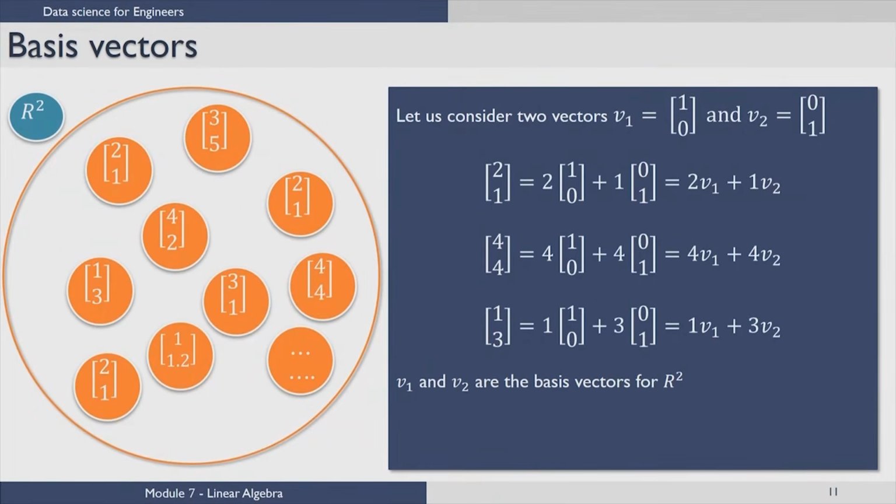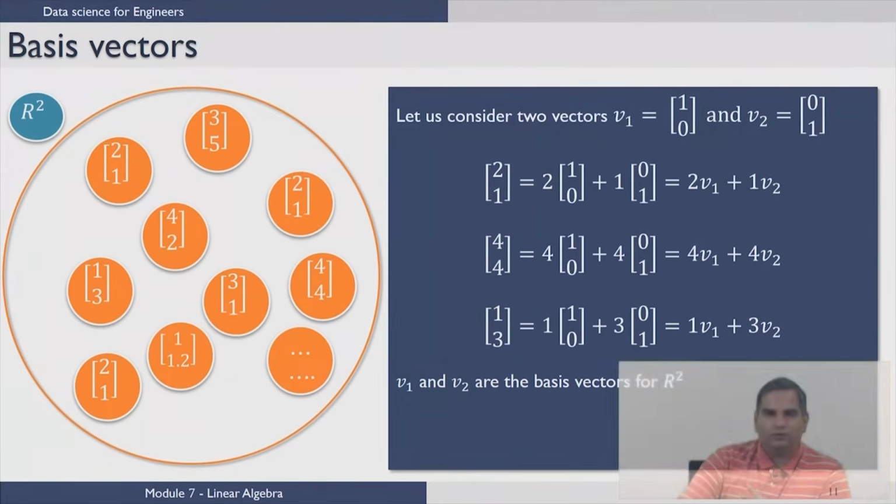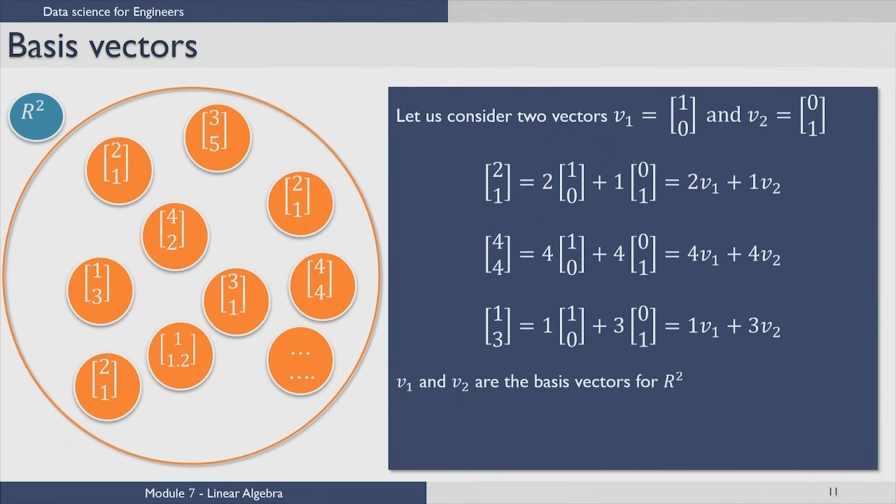Now we might be interested in understanding something more general than just saying that there are an infinite number of vectors here. What we are interested in is if we can represent all of these vectors using some basic elements, and then some combination of these basic elements. Now let us consider 2 vectors, for example nu1 = (1, 0) and nu2 = (0, 1).